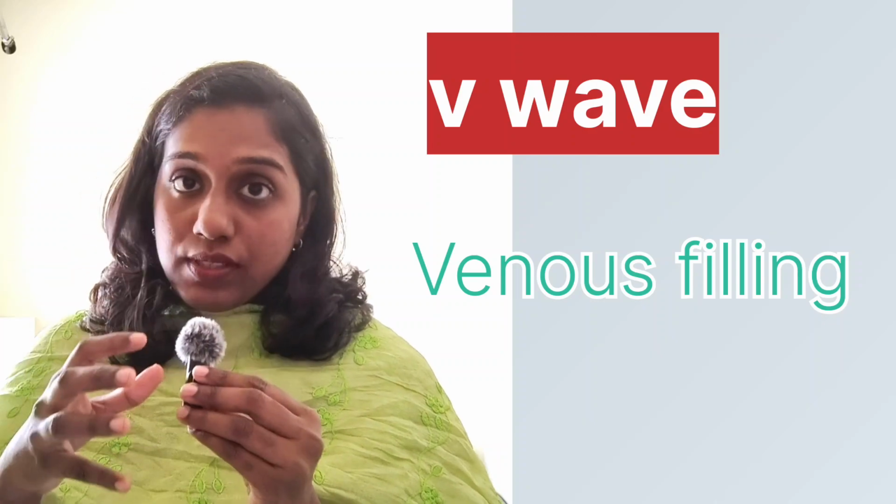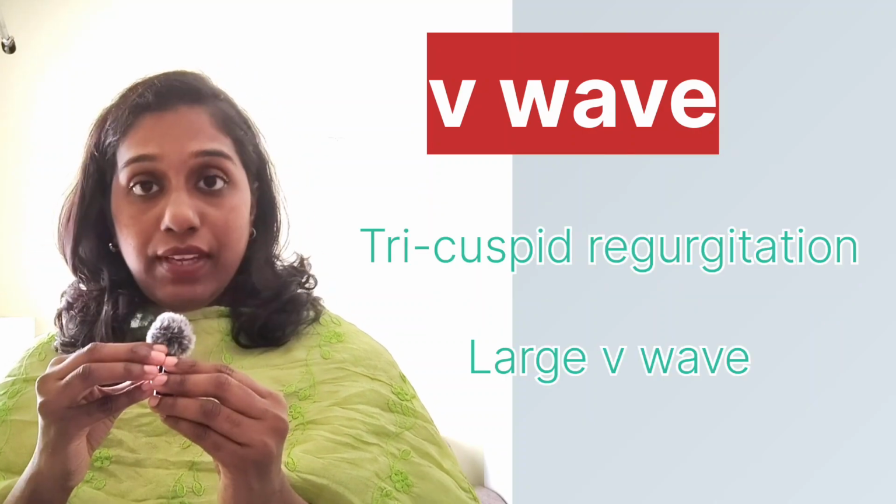Next comes the V wave. Again, from all over the body, the blood reaches the right atrium. The tricuspid valve is closed, and the pressure inside the right atrium increases, that is venous filling occurs. So we will get a V wave. In tricuspid regurgitation, we will get a large V wave.